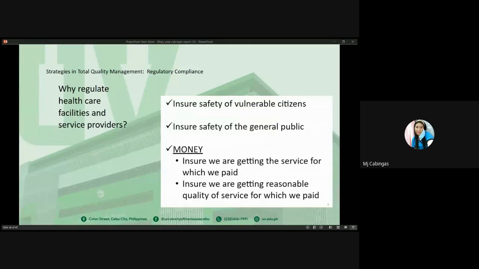And then ensure safety of the general public. Of course, not only inside the hospital, but also community safety.